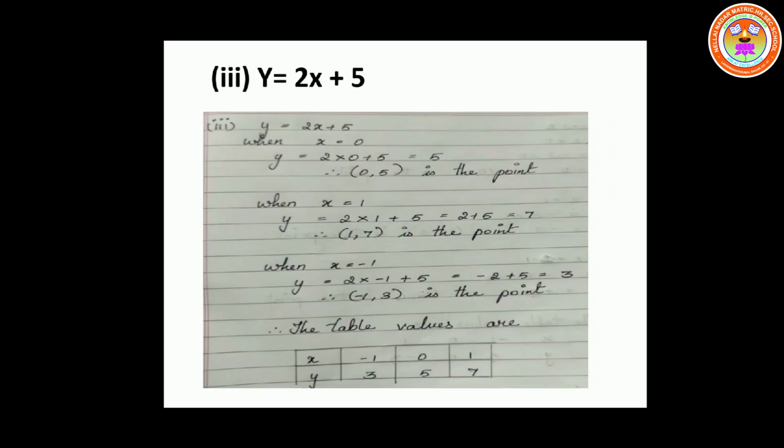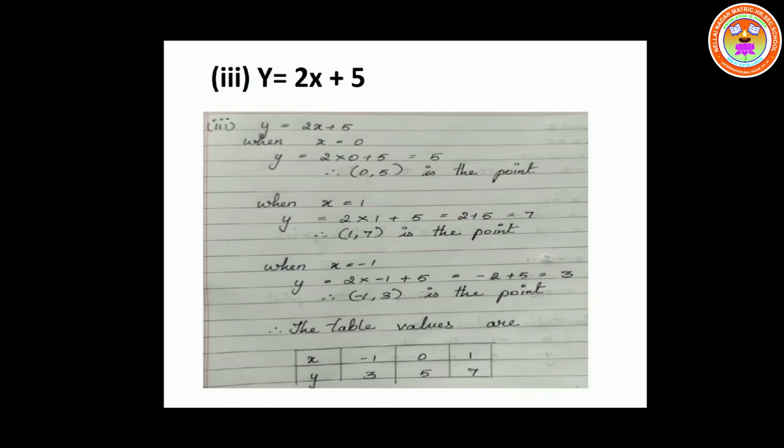Third sum, y is equal to 2x plus 5. Again, I am going to take any x value, and you can take any value. I am just taking x is equal to 0 here. So when x is 0, y is equal to 2 into 0 plus 5. 2 into 0 becomes 0, so remaining we have 5. So the point is 0 comma 5.